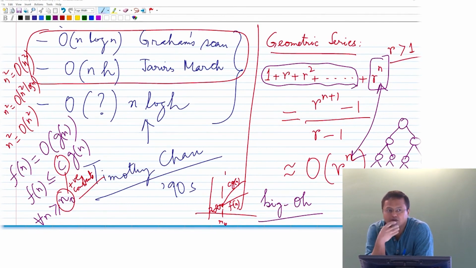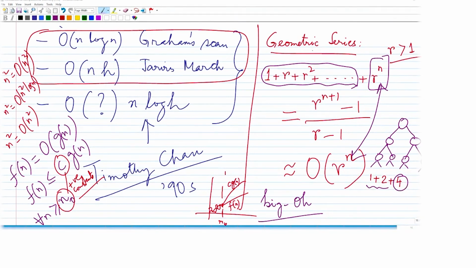That is the story, that the number of leaves in a complete binary tree dominates the number of internal nodes. This actually follows from the idea of geometric series, that in a geometric series it is the last term that dominates. Fine. So, I will use this idea to design our next algorithm of n log h.